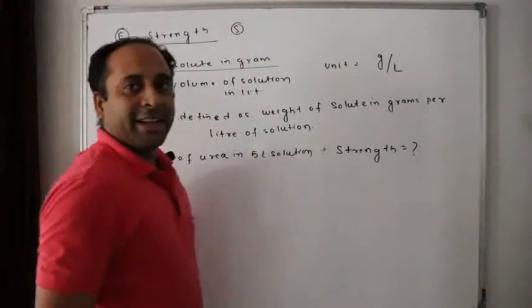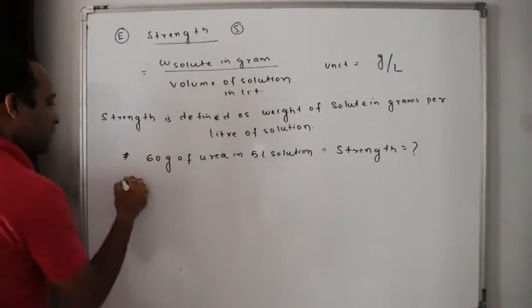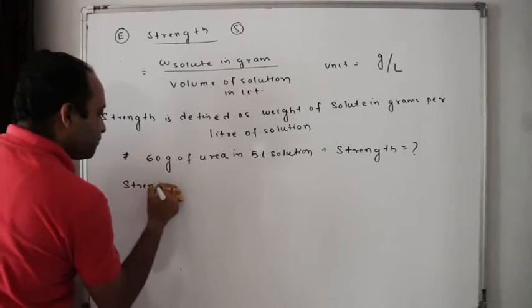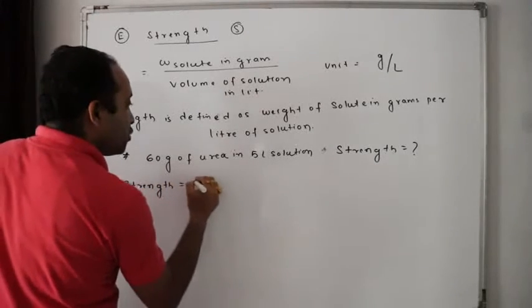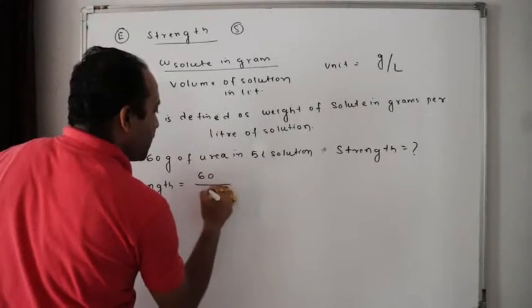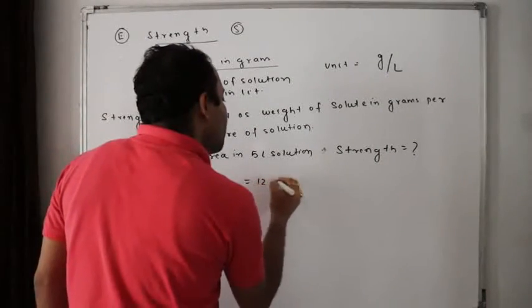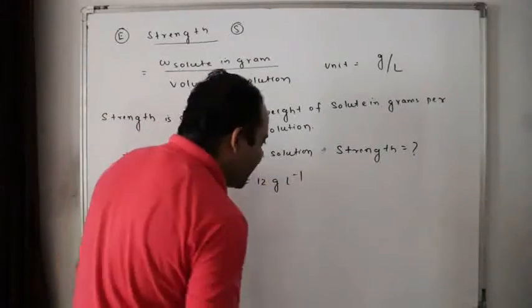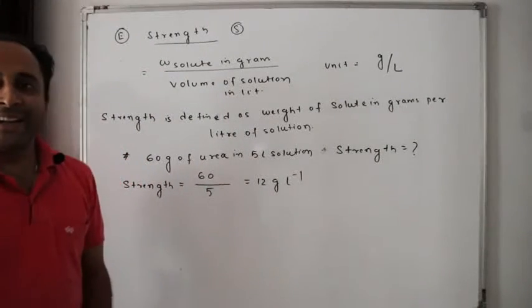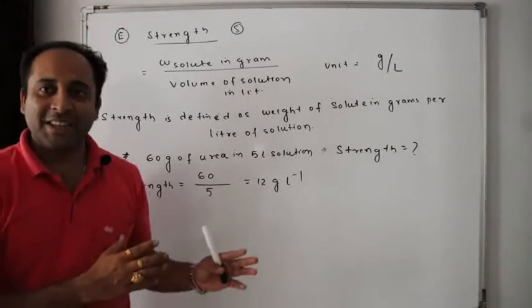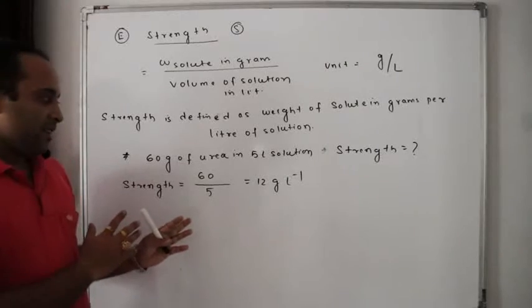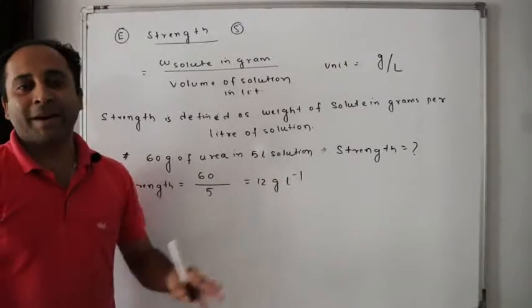Strength is equal to 60 by 5, isn't it? That is equal to 12 gram per liter. Am I loud and clear? Say yes. Is it easy for you? It is 12 gram per liter.